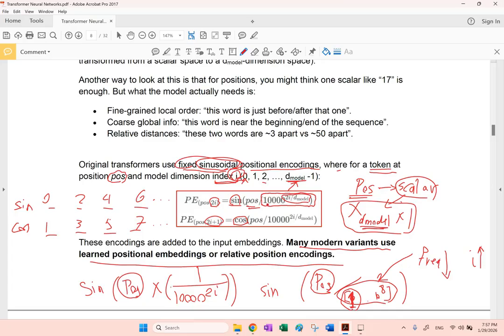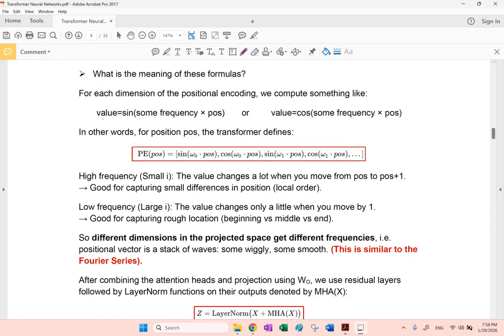So the initial ones have high frequency, and as you go up in the indices, the frequency goes down. That's what I showed here. So the position values are sine or cosine of position times some frequency which depends on the index i.